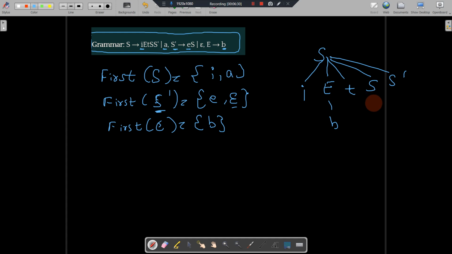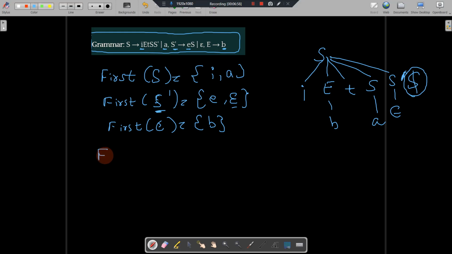Suppose this S is small a. Now if your S dash is replaced with epsilon, that is replaced with nothing, and I know every string is terminated by a dollar symbol. So we need one evidence of what is the next token to make the parse table. We will use this evidence that after S dash, we will get a dollar symbol.